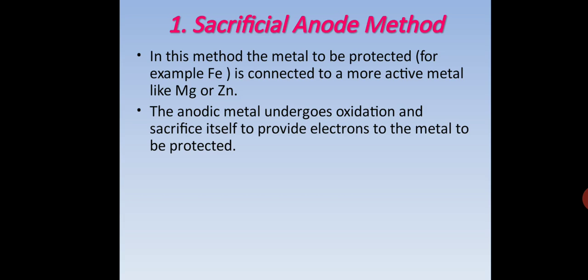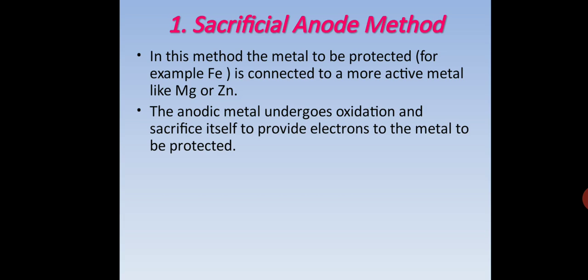Now imagine there is an iron article or iron metal structure which we need to protect from corrosion. Then what we need to do is connect more active metals such as magnesium or zinc to the iron structure, so that those active metals, magnesium and zinc, undergo corrosion first.